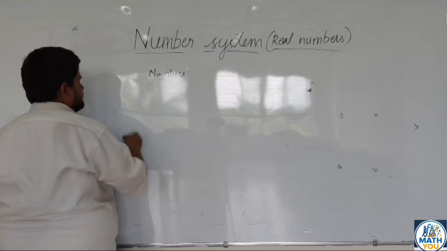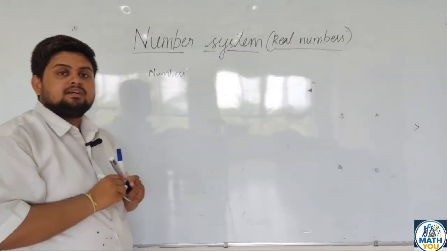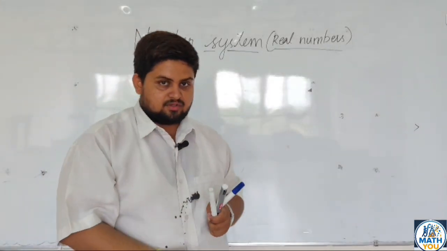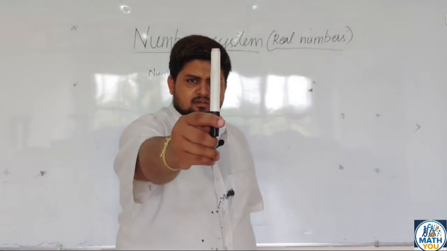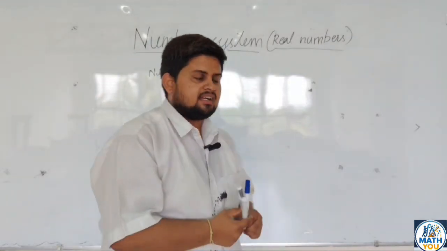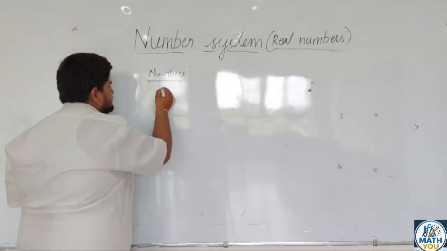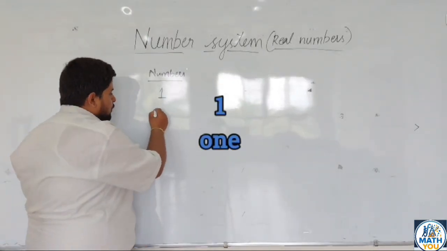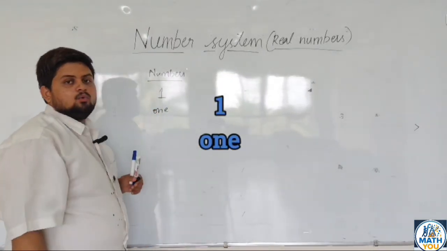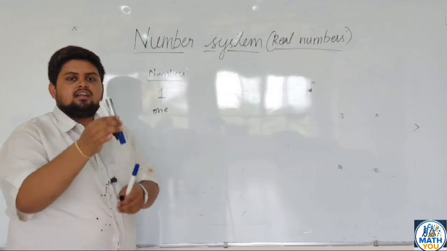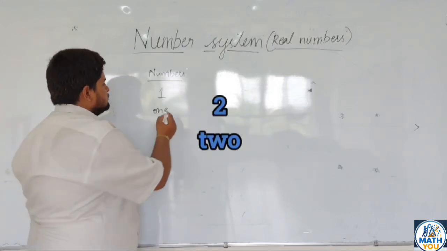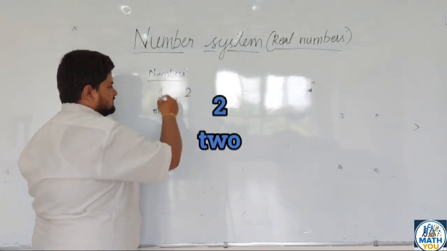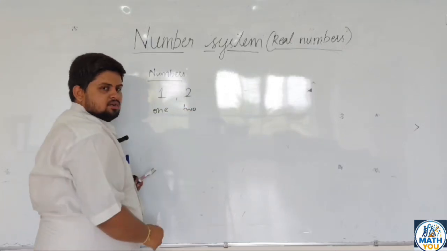What kind of numbers were they? They wanted some symbols and names for these numbers. So if they had this much quantity of pens, they denoted it by this symbol, and they called it 1. If they had these many pens, they denoted it by this symbol, and they called it 2.